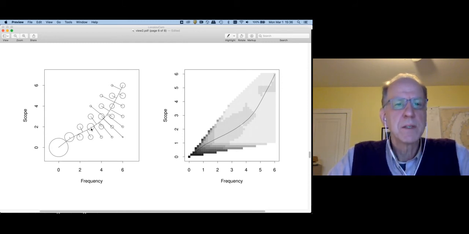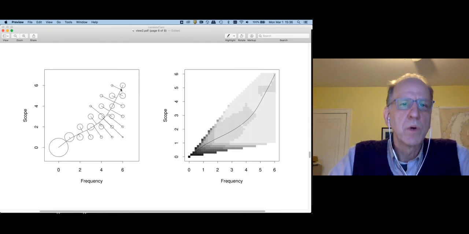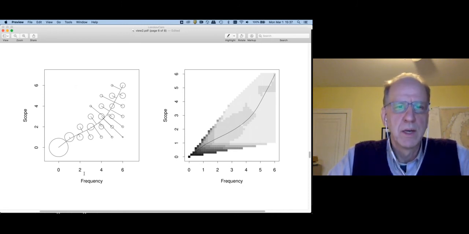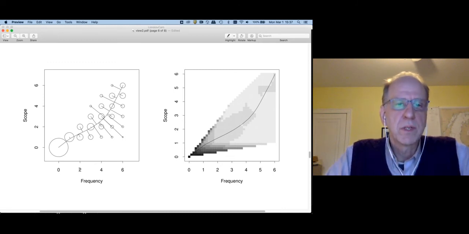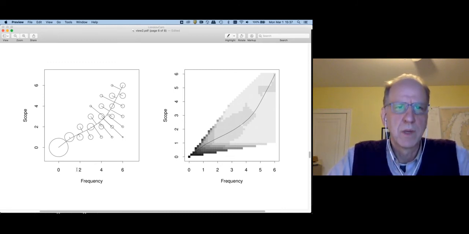So we immediately see what I think is a bit of a problem. This thing has to be lower triangular. So there's absolutely no way that I could only do 2 arts events, but have a scope of, say, 6. It's just impossible. I can't do 6 different types of arts if I've only done 2 arts events.